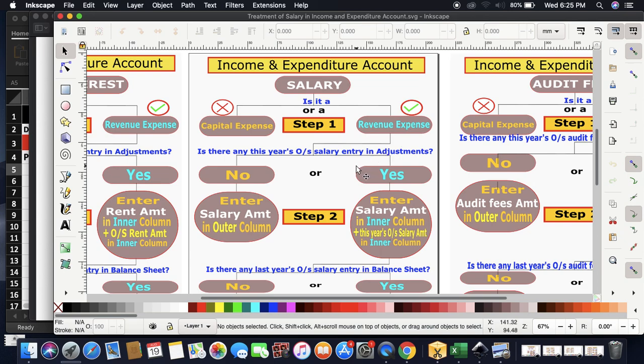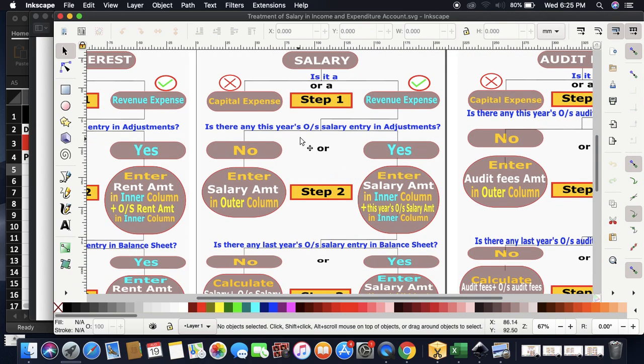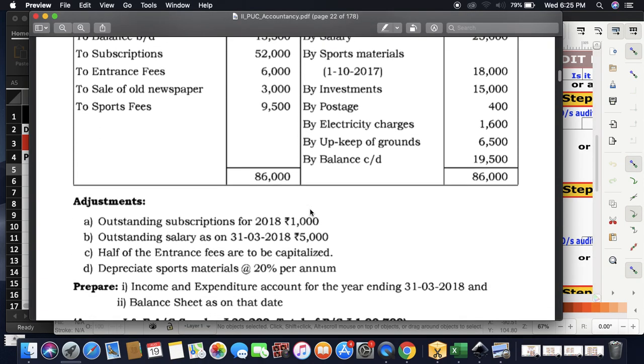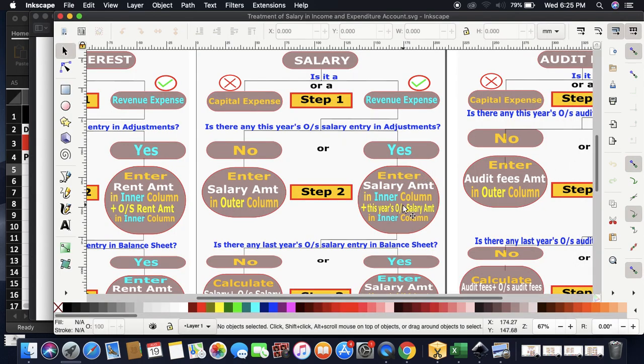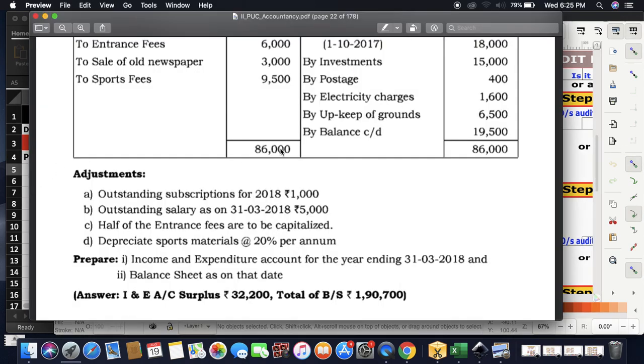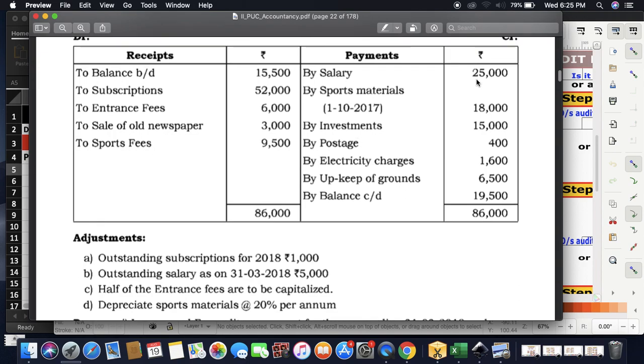The second question you need to ask is, is there any this year's outstanding salary entry in the adjustments? Which I showed you over here. You need to come down and you will see, yes, there is an entry in the adjustments. So if that's the case, you add both these items and write it in the inner column.